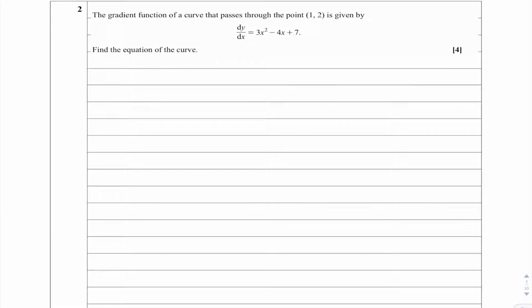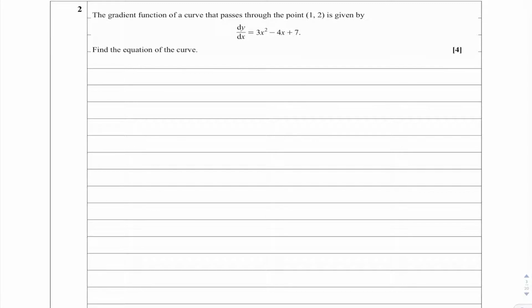Question 2. The gradient function of a curve that passes through the point (1, 2) is given by dy/dx equals 3x squared minus 4x plus 7. Find the equation of the curve.